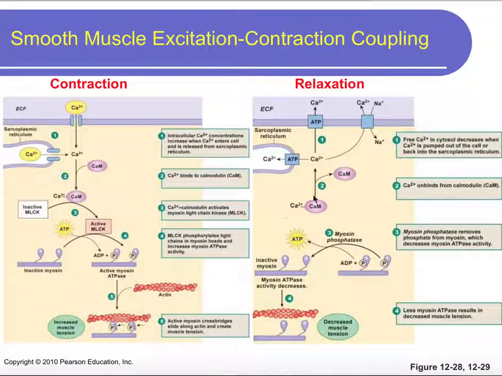And when they unbind, you will no longer have active myosin light chain kinase. Instead, the myosin phosphatase will start to remove the phosphate off of the light chain. Now that the light chain doesn't have a phosphate, the myosin head and actin can't interact, and so you will relax. So that is smooth muscle.